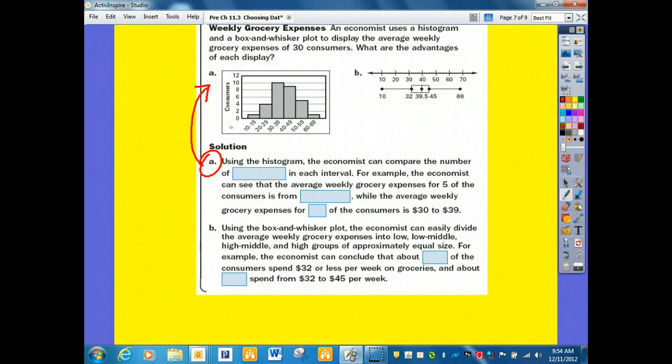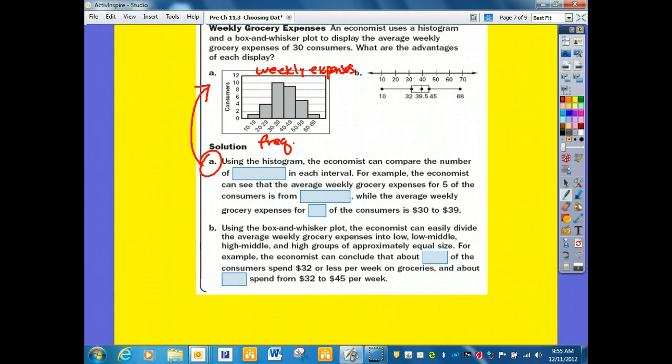All right? They ask us, using the histogram, the economist can compare the number of what in each interval? Here's our intervals. These are our frequencies. They're missing their title. Mrs. Lennon would give them one wrong. Should be weekly expenses. All right?